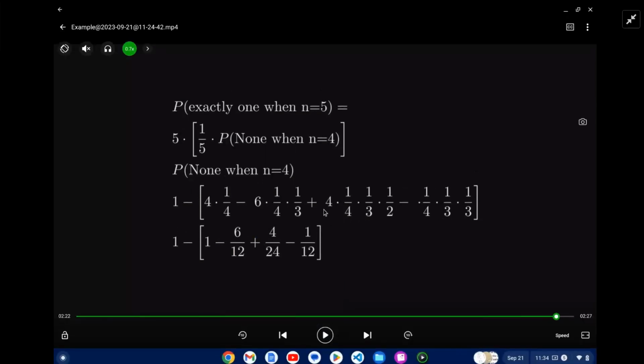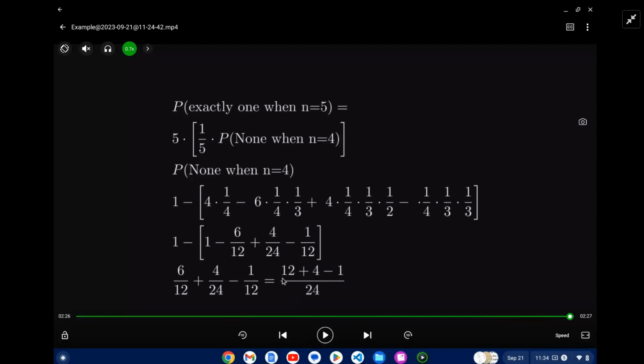And so these numbers, are these right? This should be 2 here. This should be 1 over 24, ish. And I actually fixed it here. So this is wrong, this is wrong.